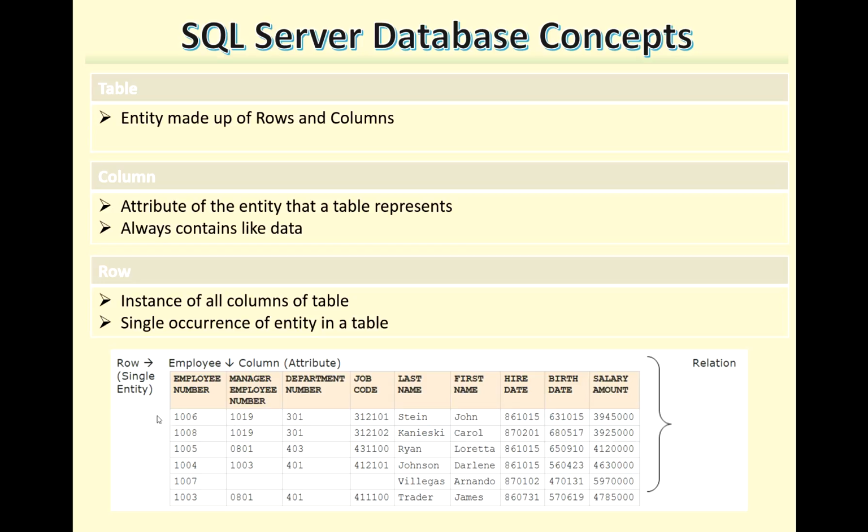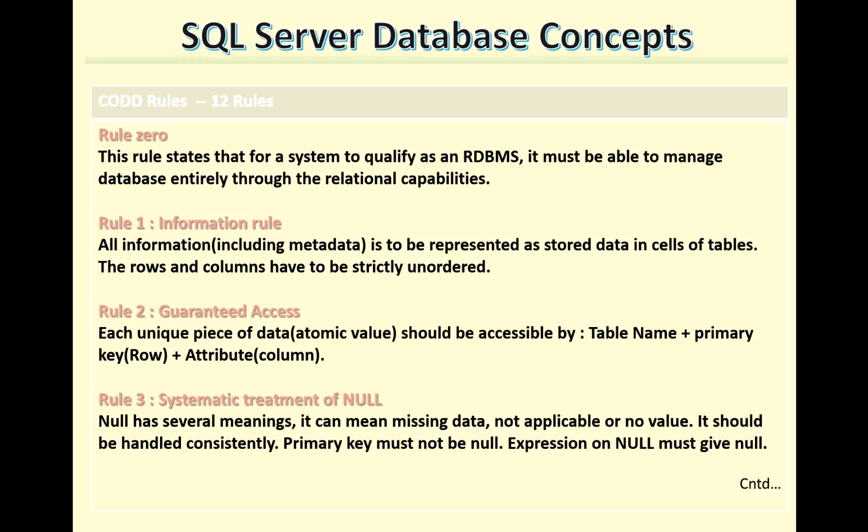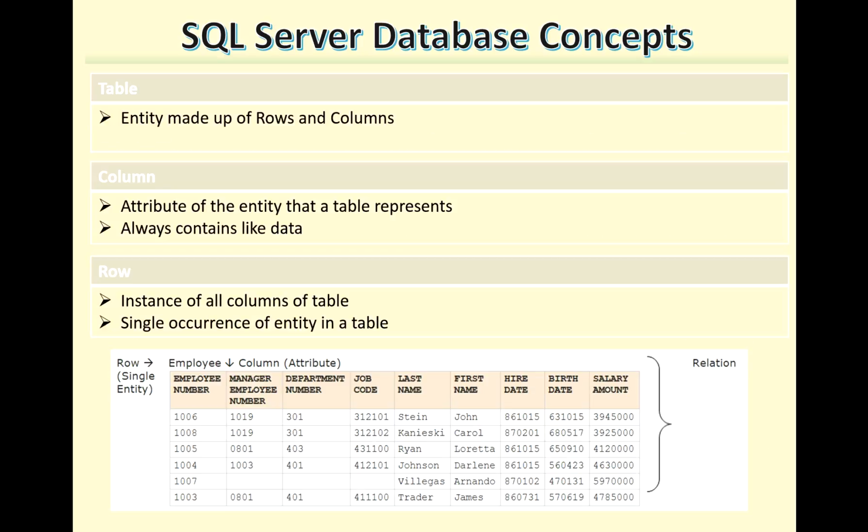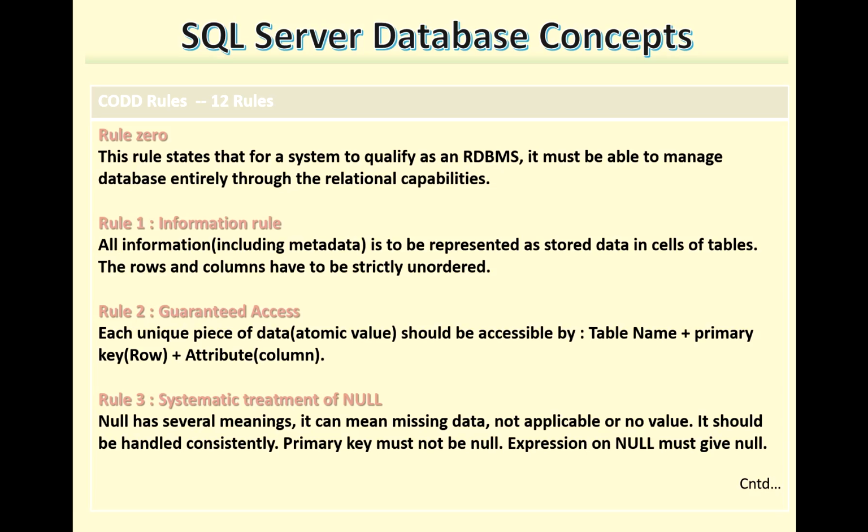Okay, and a row represents a single instance of all attributes. That means the first row here represents one employee, that is 1006, and the combination of all these attributes. So that is basically about tables, columns and rows.